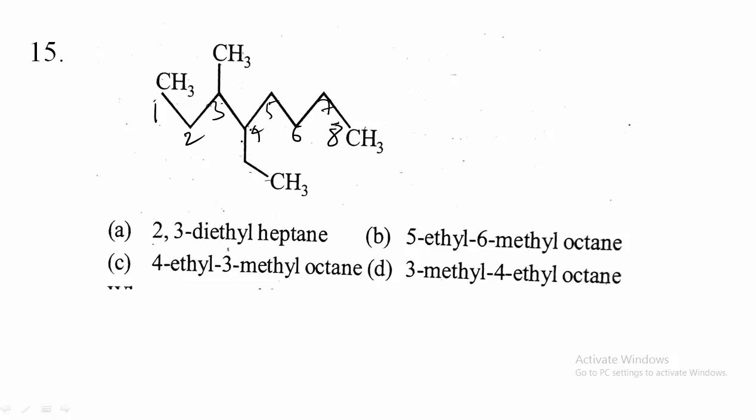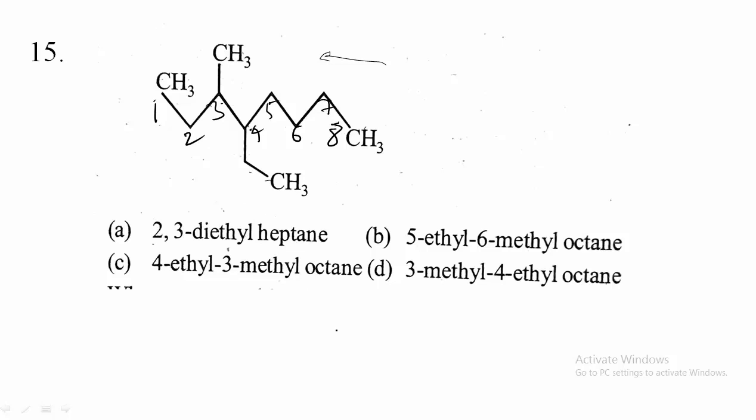We can number this chain from this side also, but the substituent will get the most number, not the least number. Therefore we have to number the chain such that the carbon which consists of substituent should get the least number.